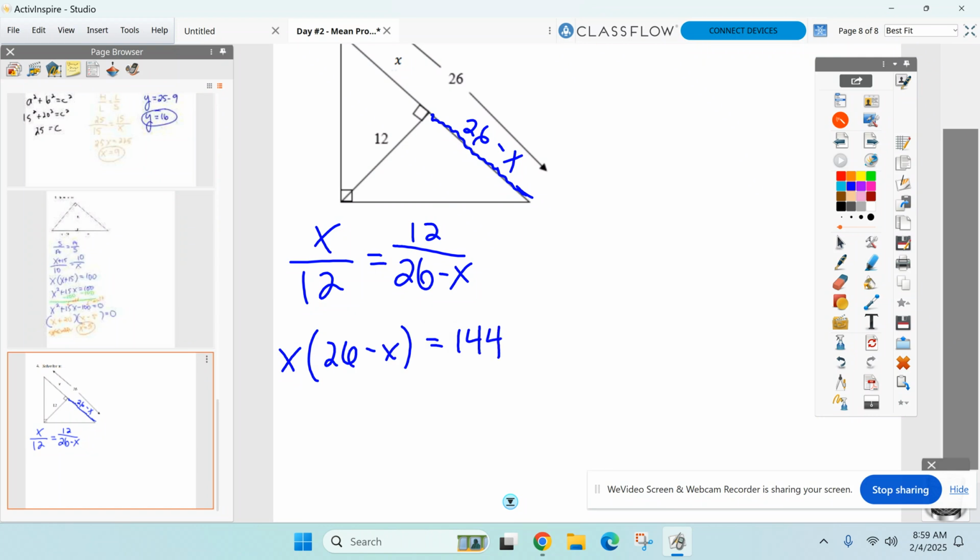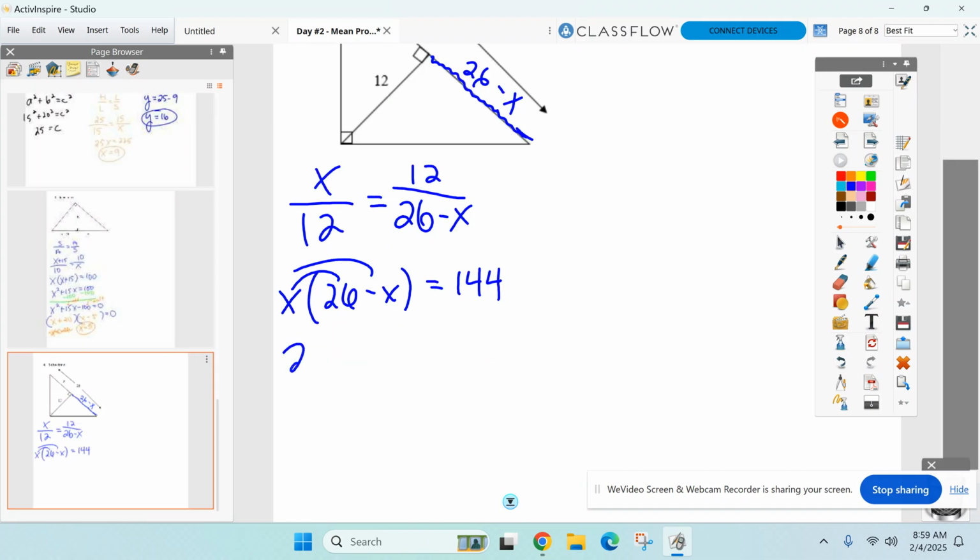You thought 100 was a big number earlier? Woo-hoo, here you go. You thought two numbers that multiply to 100 was bad? 26x minus x squared equals 144. Whoa, before we do anything equal to 0, always try to keep your x squareds positive, because I don't know how you factor something that's got a negative x squared.